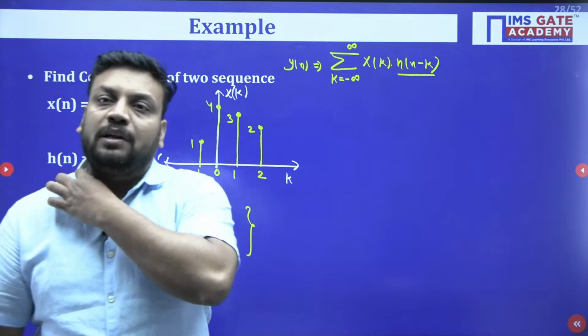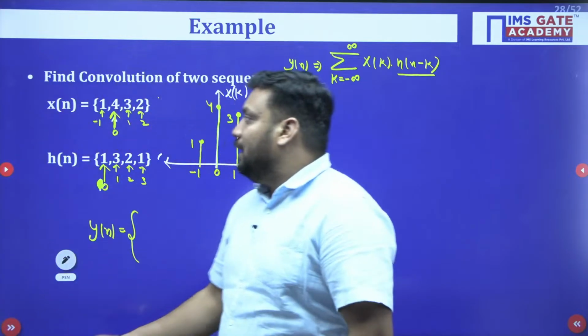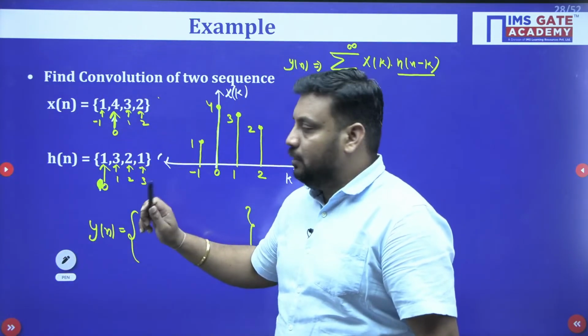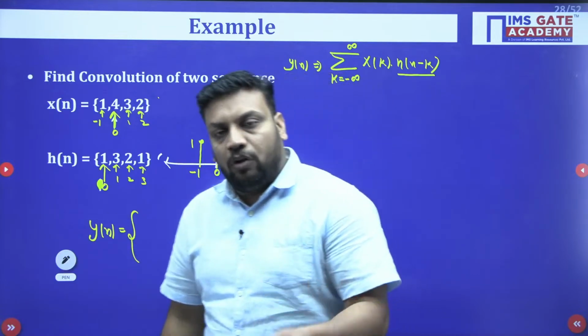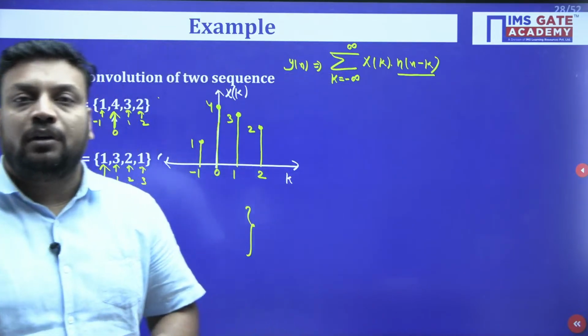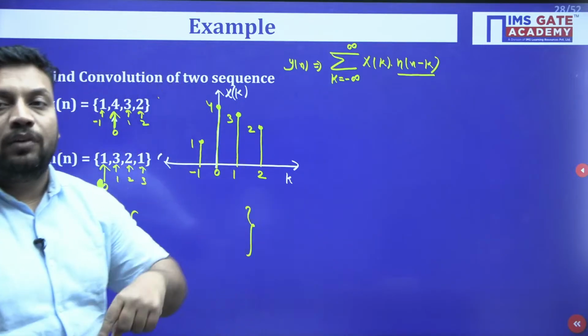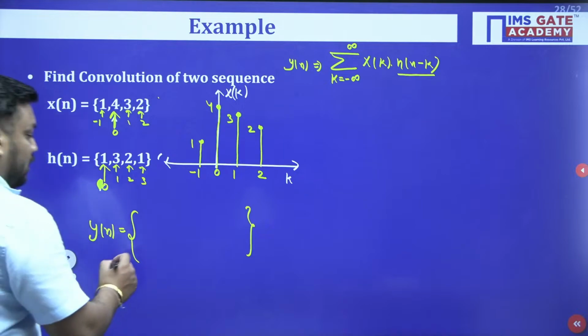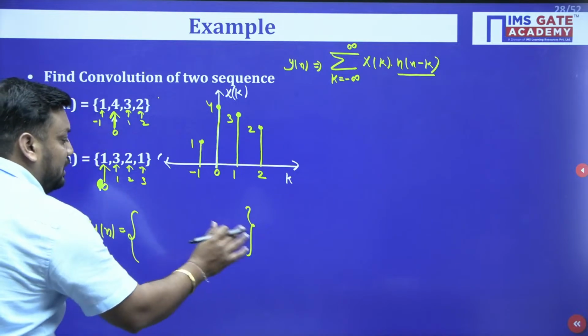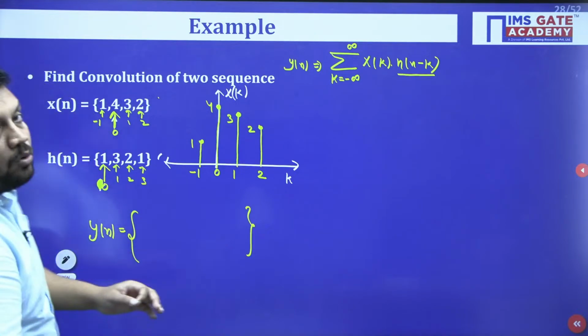This property we saw in the last class. The length of x[n] is 4, and h[n] is also 4. So 4 plus 4 minus 1 is 7. It means y[n] will have a total of 7 terms. This is called the length property.